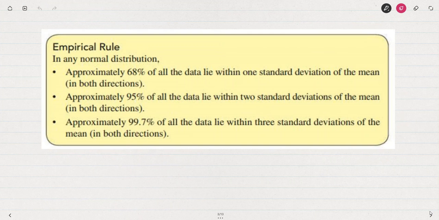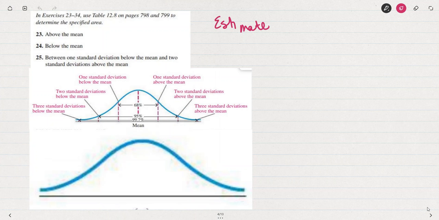But moving on to some other examples that go beyond this empirical rule, and again, the key is the 68, 95, 99.7 as the approximation of how much of the data would lie within 1 standard deviation of the mean. Let's look at a way that we can use that to estimate the answers to number 23, 24, and 25.